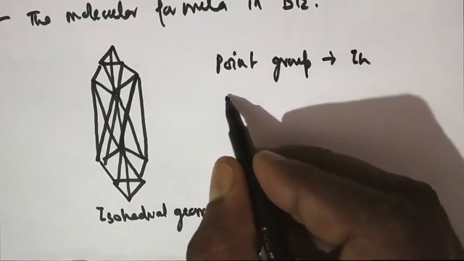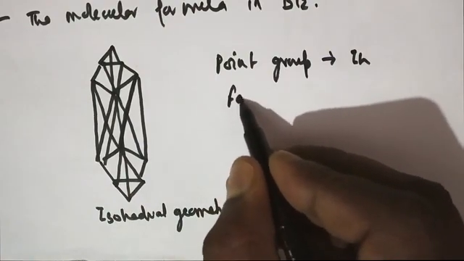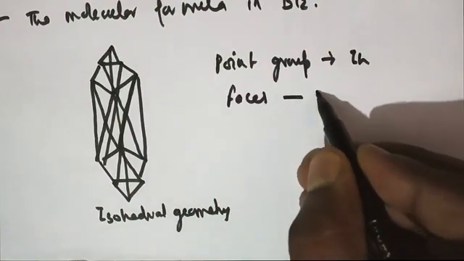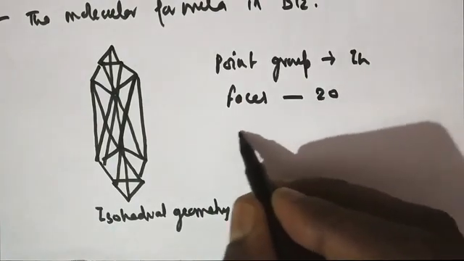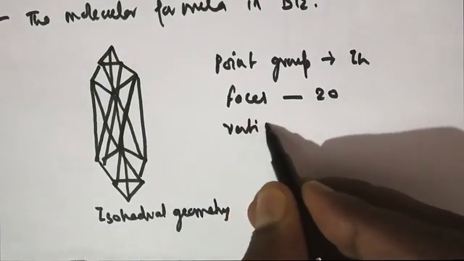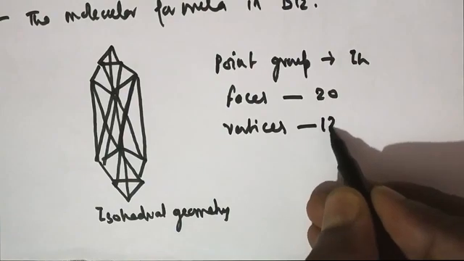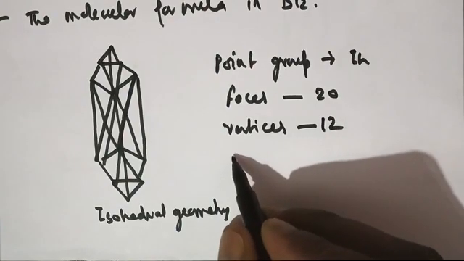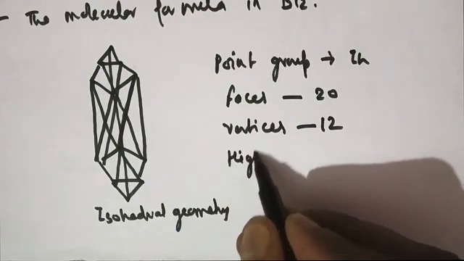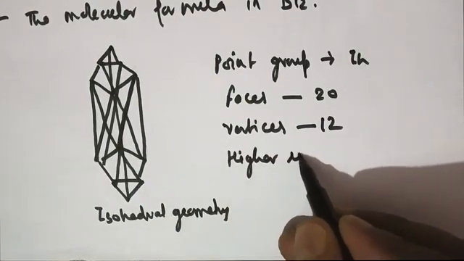The total number of faces in this molecule is 20, and the total number of vertices is 12, and it is well known for its higher symmetry.